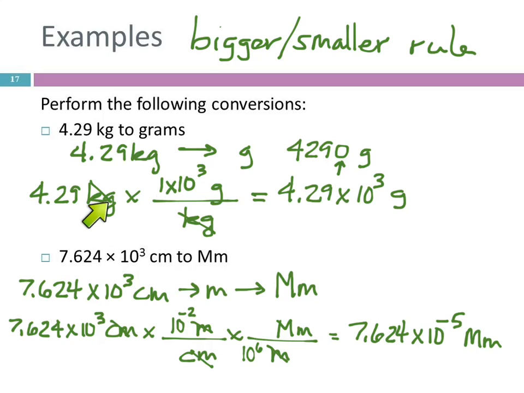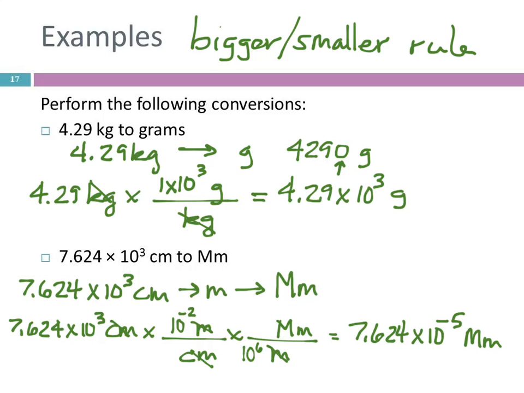If we're looking at kilograms and grams, which unit is larger? Kilogram is bigger, right? So the larger unit, the bigger unit has the smaller number. The smaller unit has the bigger number. The easiest mistake to make is to get your number in the wrong place. And so you end up multiplying when you should divide or vice versa.